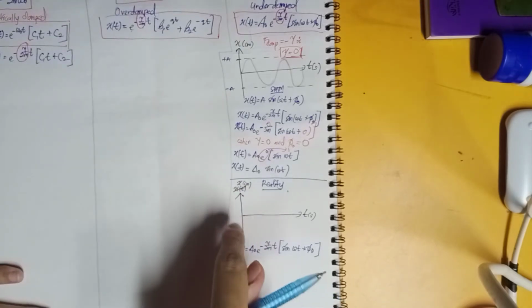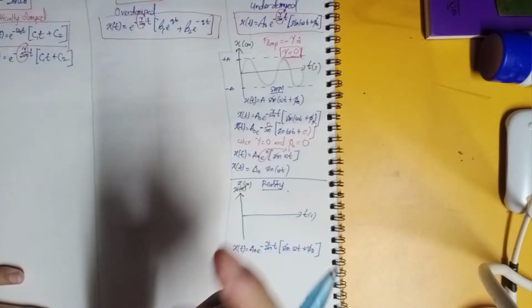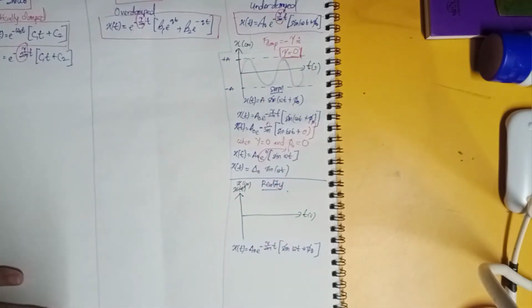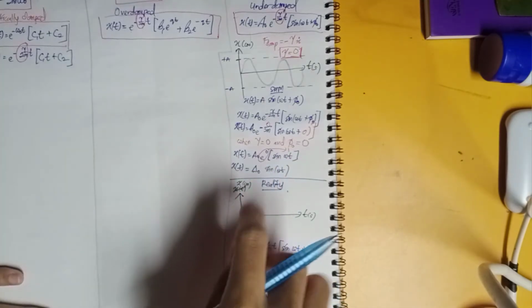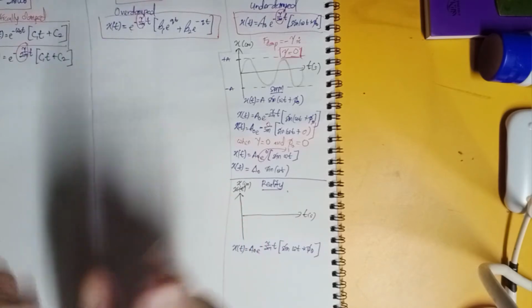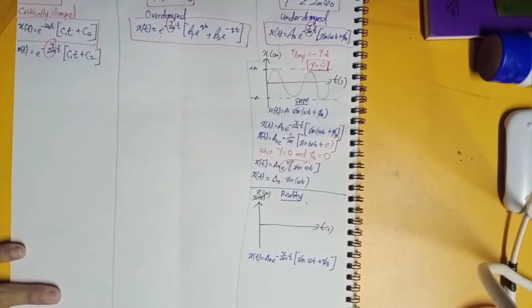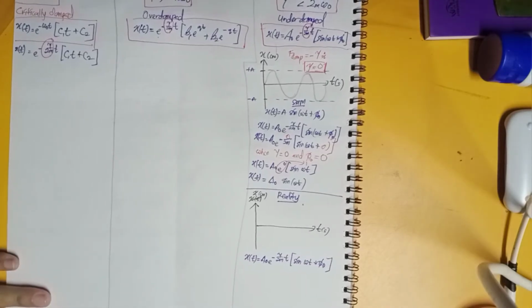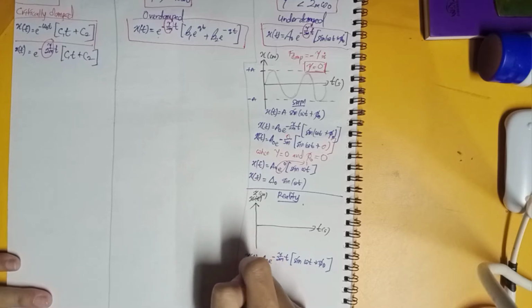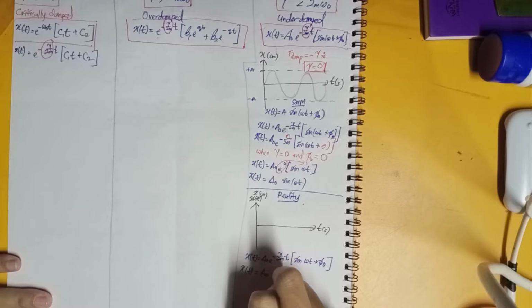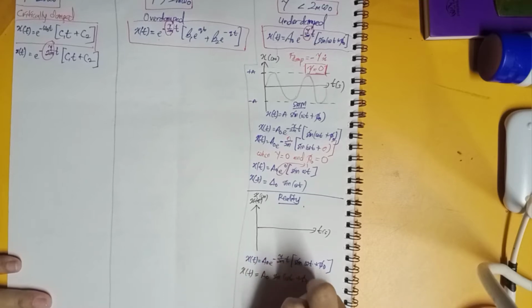Now, since in reality there is a damping force or resistance in the oscillation system, that means the system will not oscillate just like simple harmonic motion right here. So it will change a bit. Let's compare to the simple harmonic motion equation. We have x(t) equal to A naught sine omega t plus phi naught.